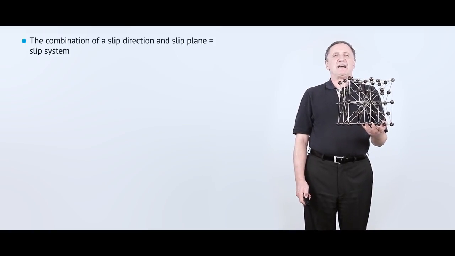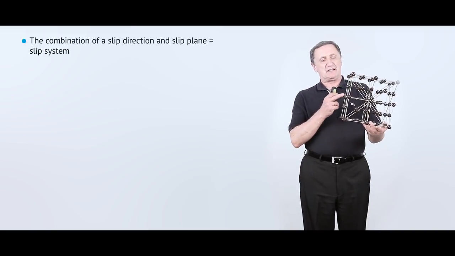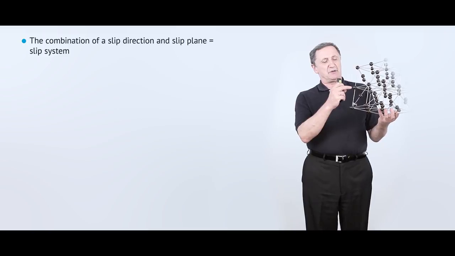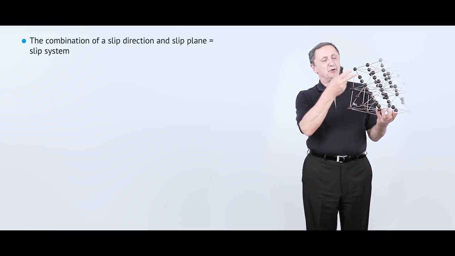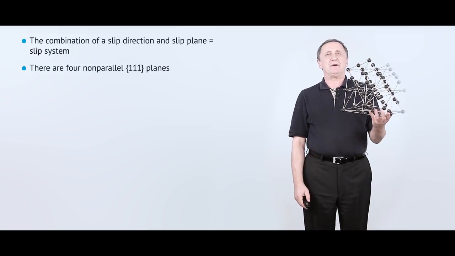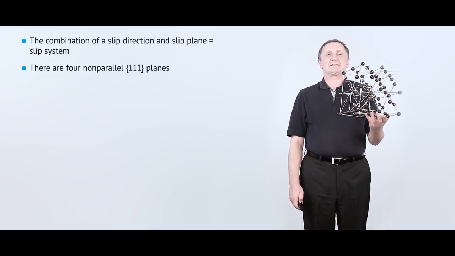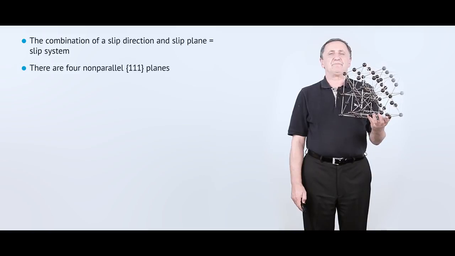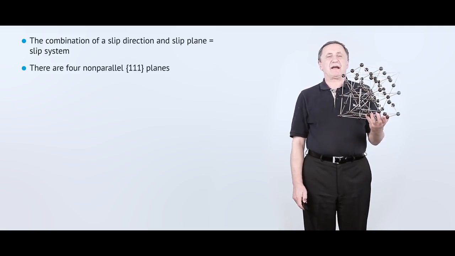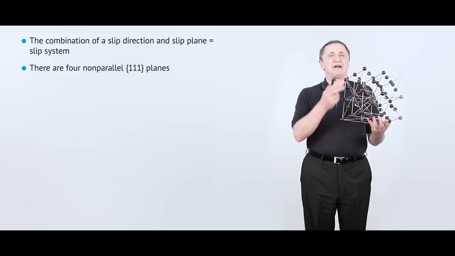On the other hand, we also can see that the shortest Burgers vector here is the distance between the two close atoms along the diagonal of each plane of the cube. And from this standpoint, the 110 directions are the close packed directions, and this is the slip direction.